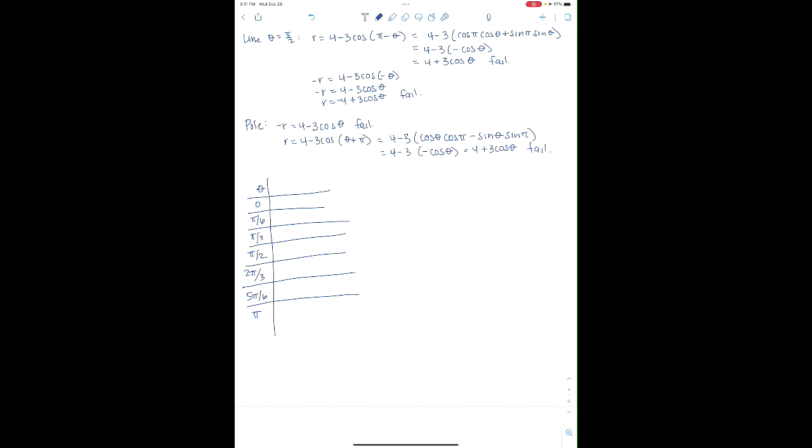And we're looking at what's happening to our graph, so that's r equals 4 minus 3 cosine theta. At 0, it's just 1. At pi over 6, we have 1.402. At pi over 3, we have 2.5. Pi over 2, 4. 2 pi over 3, 5.5. 5 pi over 6, 6.598. And pi is 7.